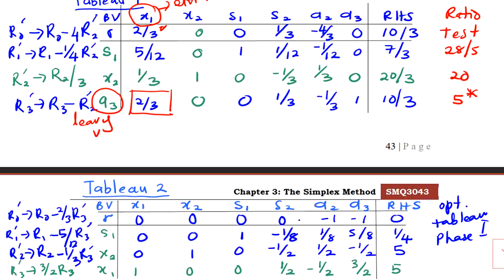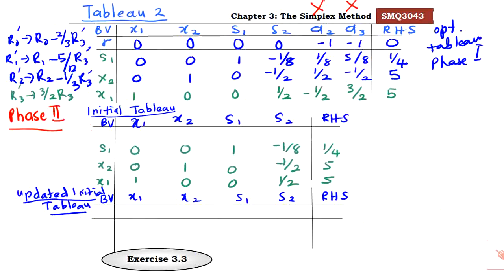Okay, so for the next phase, phase 2, we must remove these two columns, A2 and A3, because they are fake variables or artificial variables. So we can remove them, and then we need to replace row 0 by the original objective function from the LP problem.